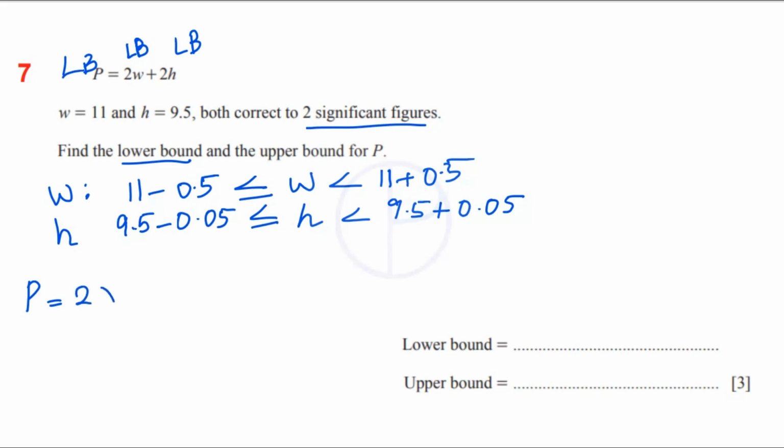So 2 multiplied by, what is the lower bound of W? 11 minus 0.5, which is 10.5, plus 2 multiplied by H is 9.5 minus 0.05, which is 9.45, equal to 39.9.